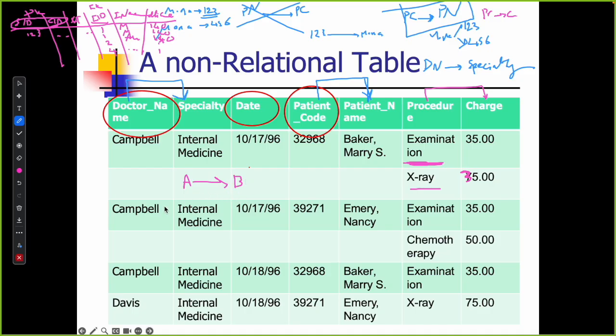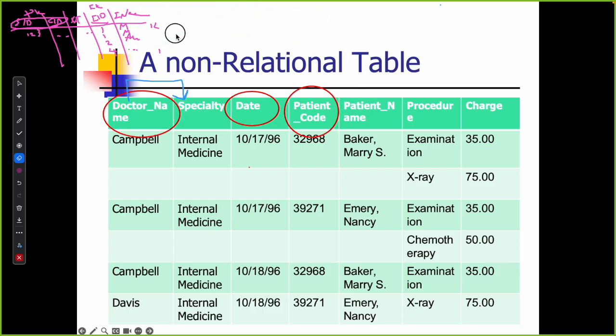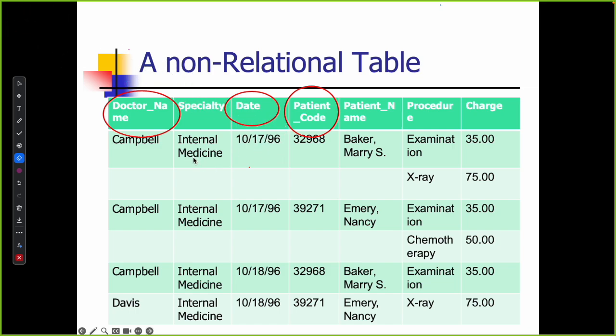So if your column A couldn't uniquely identify B, then this is not a dependency. Now, depending on whether that dependency is happening between columns with the primary key or part of the primary key, if it is all part of the primary key, that will be full key. If it is a dependency between a column with part of the primary key, that's partial. But if there is a dependency like procedure and charge between two non-key columns, then it is transitive dependency.